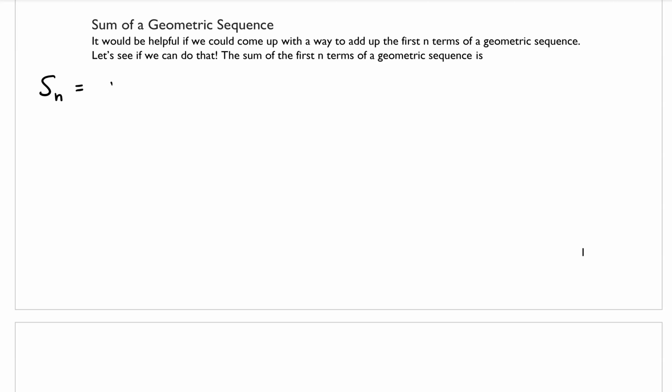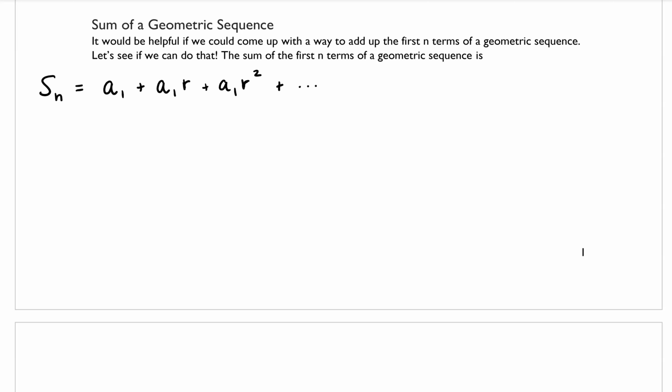So the first term in our sequence would be a sub 1, and then the next term would be a sub 2, but another way of writing that is a sub 1 multiplied by our common ratio, and then the next term would be a sub 1 times our common ratio twice, or r squared. That's another way of writing that.